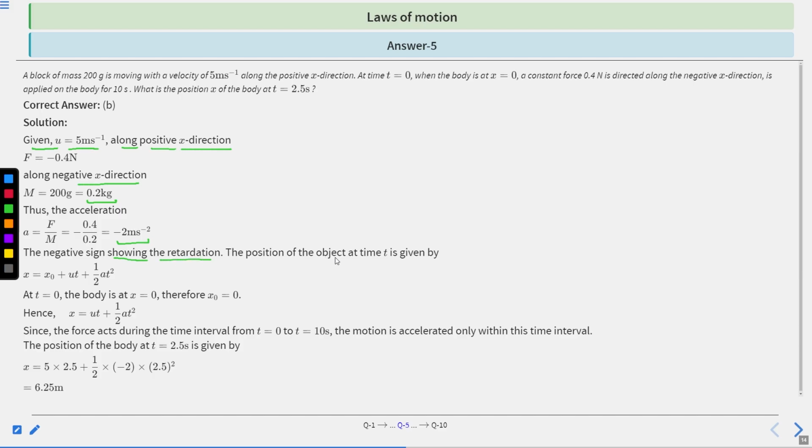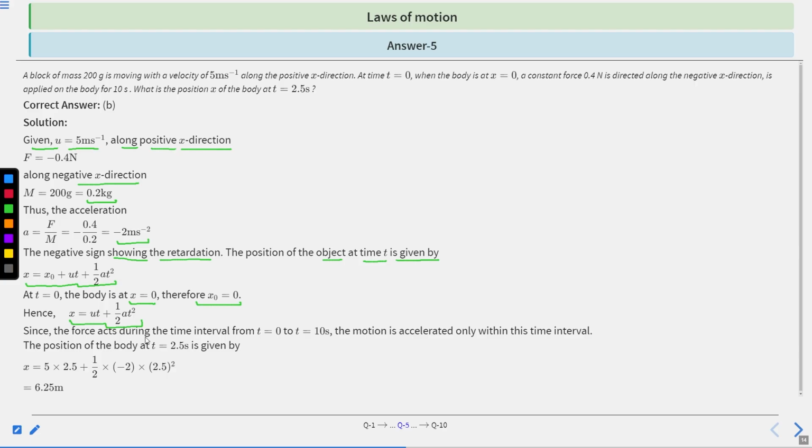The position of the object at time t is given by x equal to x naught plus ut plus half at square. According to the question, at t equal to 0, the body is at x equal to 0, therefore x naught equal to 0. Hence x equal to ut plus half at square.